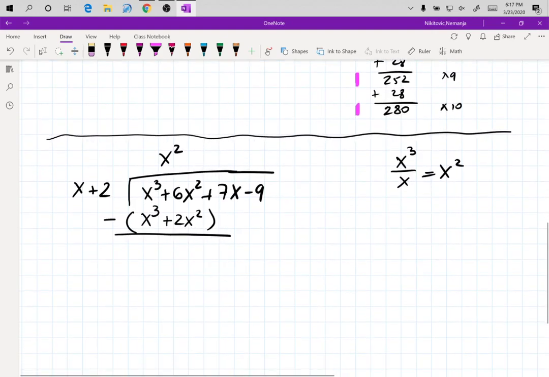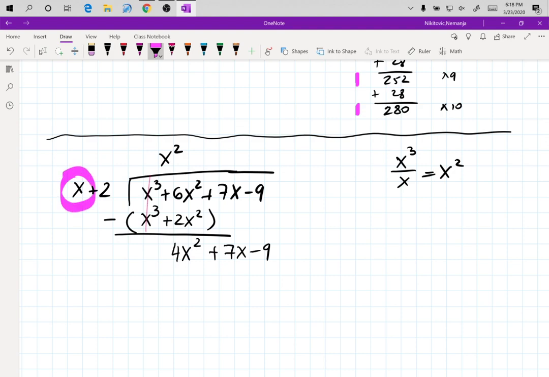So when we subtract, the first one will cancel, and you have 6x squared minus 2x squared to give us 4x squared, and you just copy the rest of the polynomial. Now we repeat the procedure until we're done.